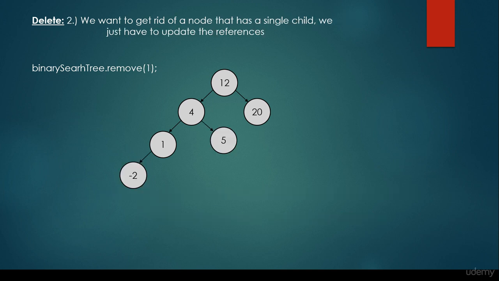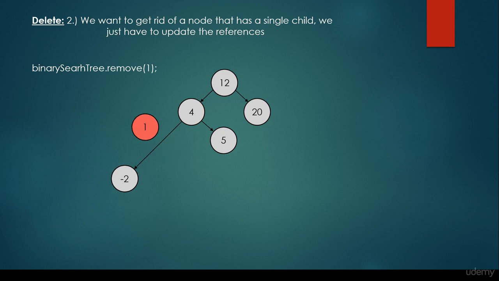The second case is that we want to get rid of a node that has a single child. We just have to update the references. For example, we want to get rid of 1. Start at the root node. 1 is smaller than 12, so we go to the left. 1 is smaller than 4, so we go to the left. And we have found the item we would like to get rid of.